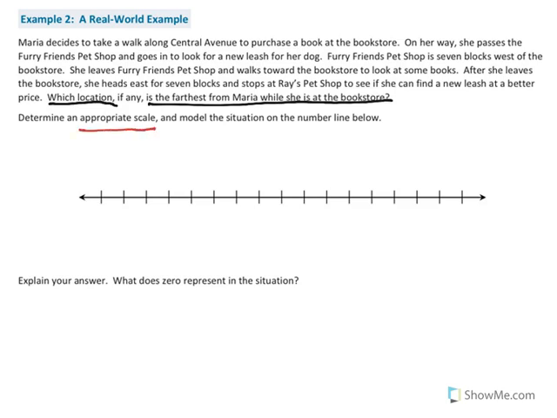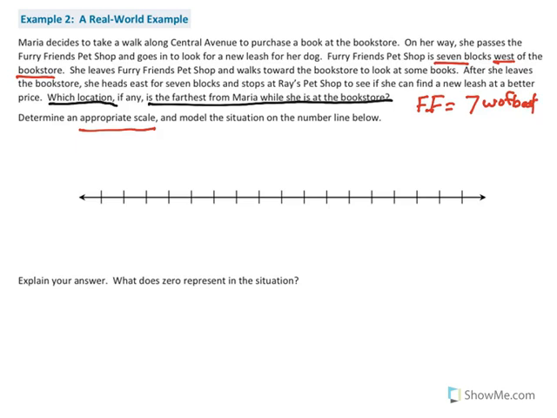An appropriate scale means looking at this number line and determining what numbers each one should be. So let's look at the numbers that we were given. Furry Friends Pet Shop is 7 blocks west of the bookstore. Okay, so those are things we need to know. If we were writing this information down, Furry Friends is 7 west of the bookshop.